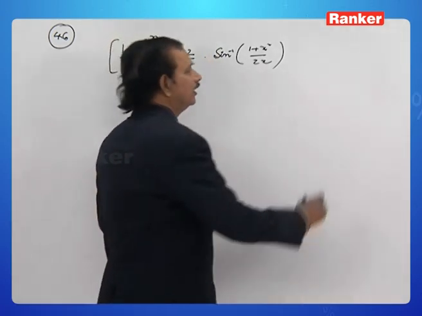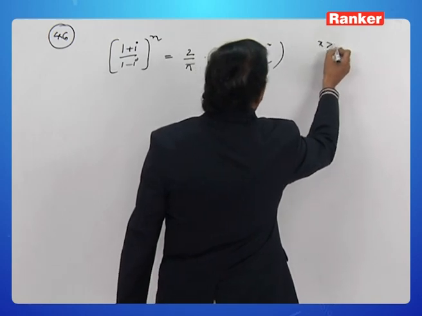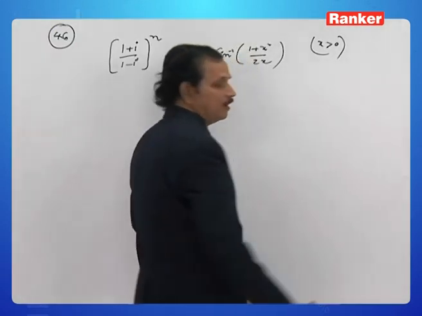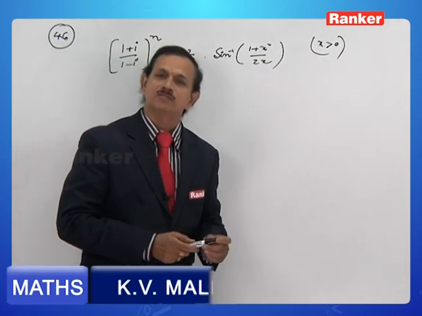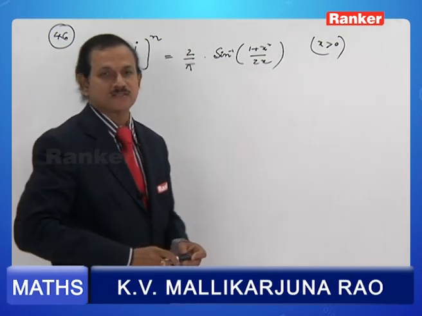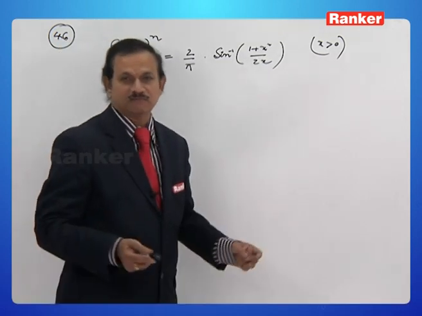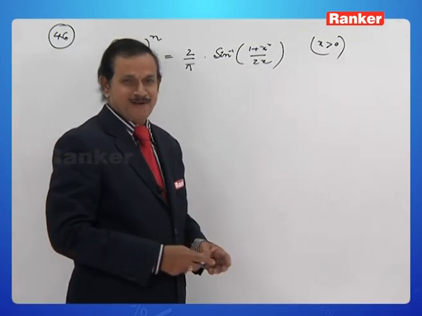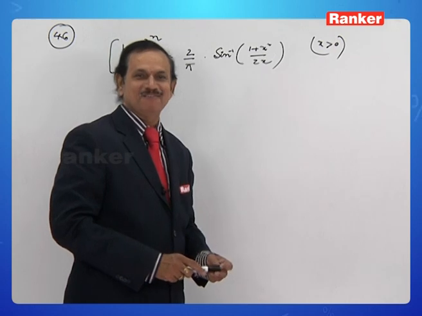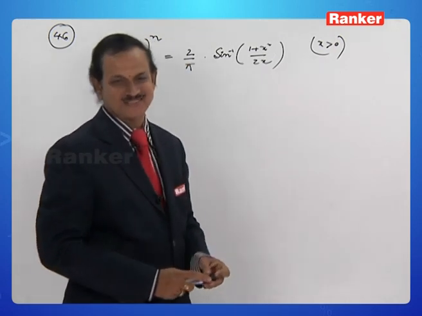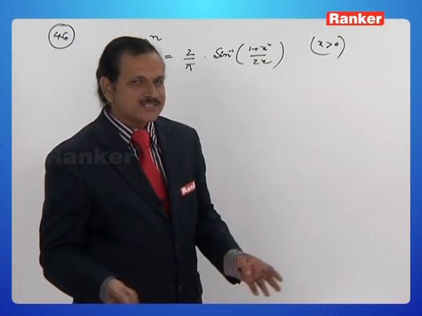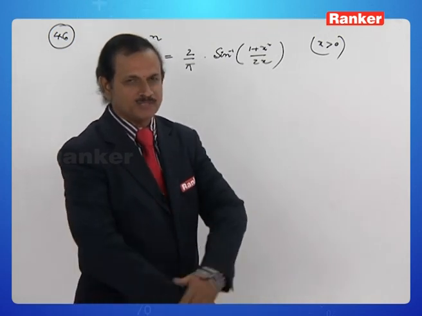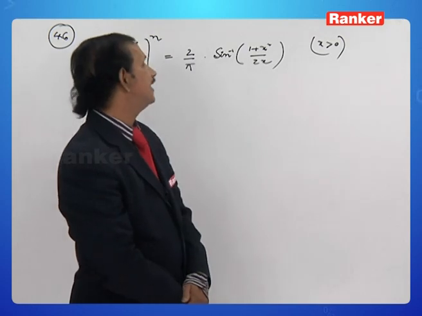Of course, he has given us x is positive and i is of course square root of minus 1, which everybody knows about. In the beginning of complex numbers itself, it is the brand ambassador of the set of complex numbers, that is i. Well, we are to decide the minimum possible value of n so that this equation might be satisfied.